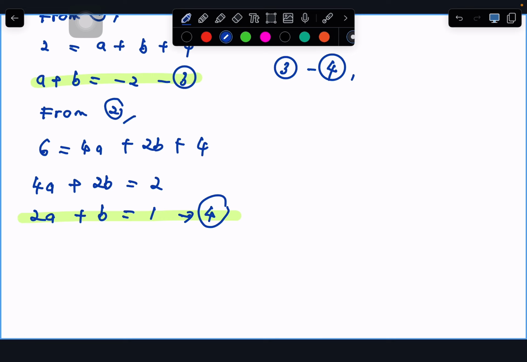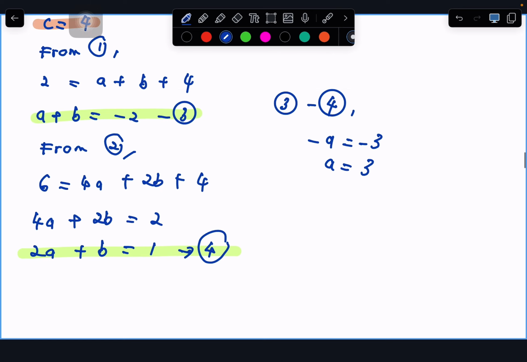Then b minus b is 0. And the last one, minus 2 minus 1, is minus 3. So our a is 3. Now we know our a.